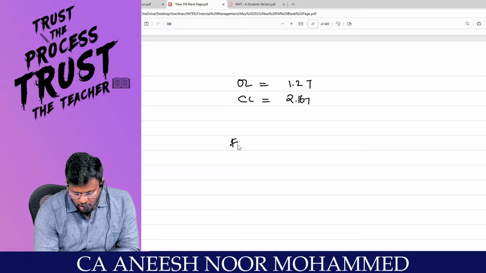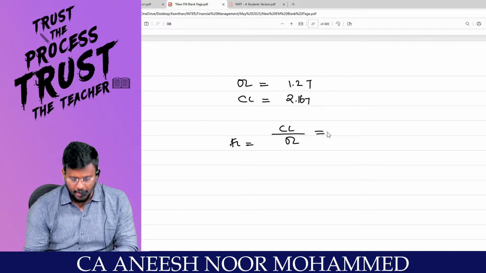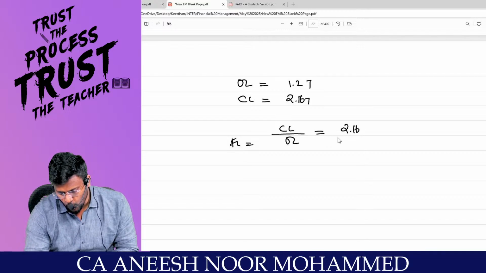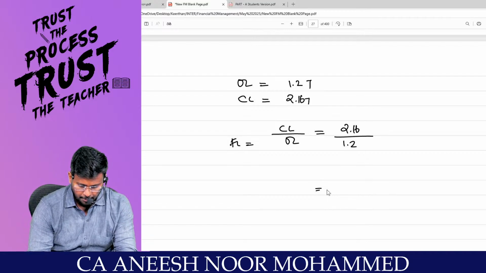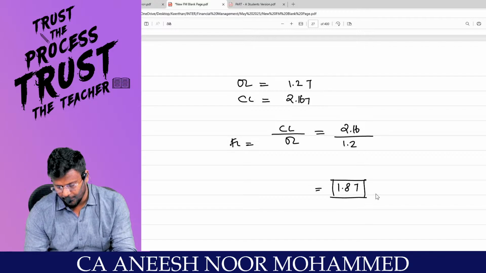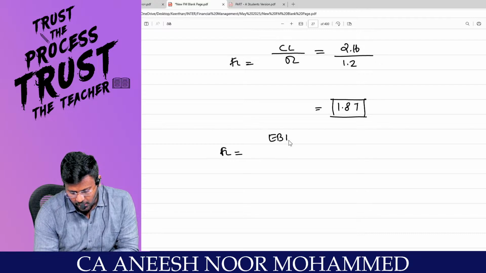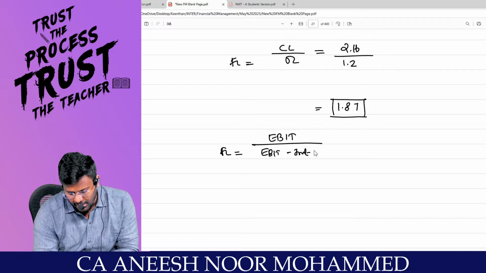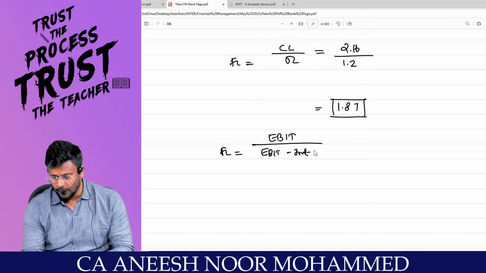So financial leverage is equal to combined leverage divided by operating leverage, which is 2.16 divided by 1.2 comes to 1.8 times. 1.8 times is the financial leverage. As we all know, financial leverage is equal to EBIT divided by EBIT minus interest. Only this formula will work in this situation. Are you really with me?